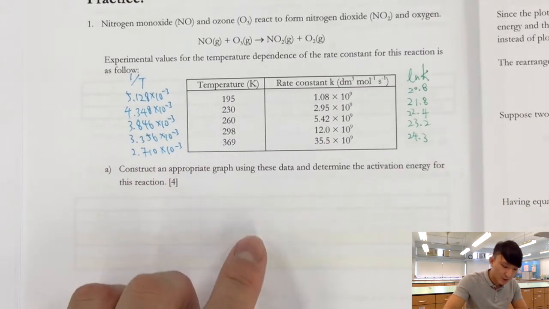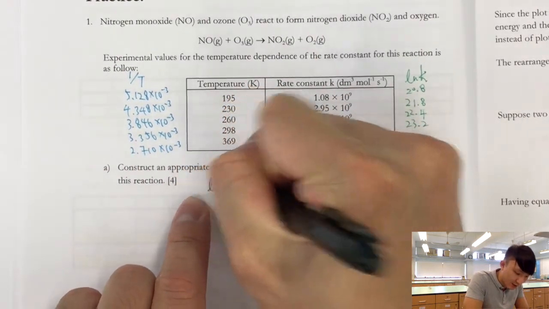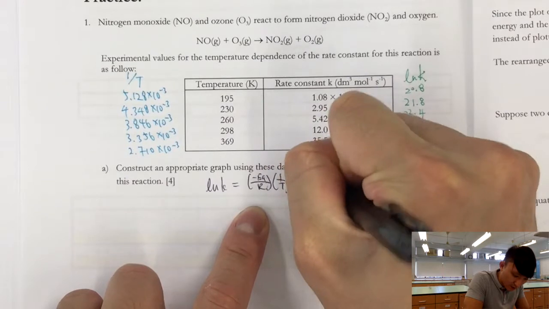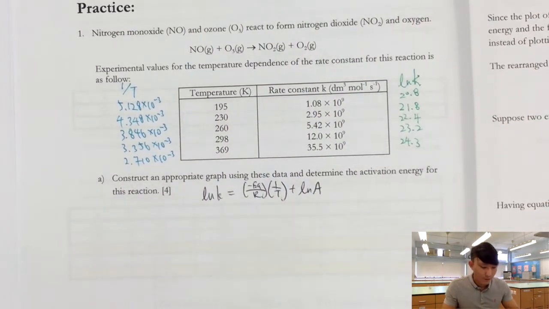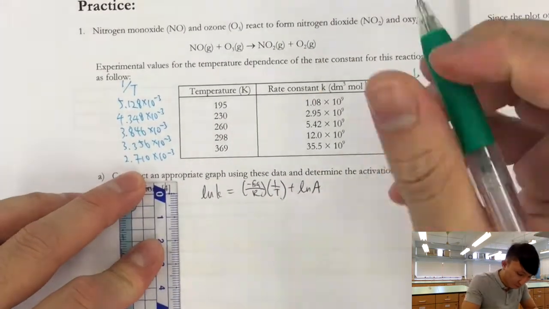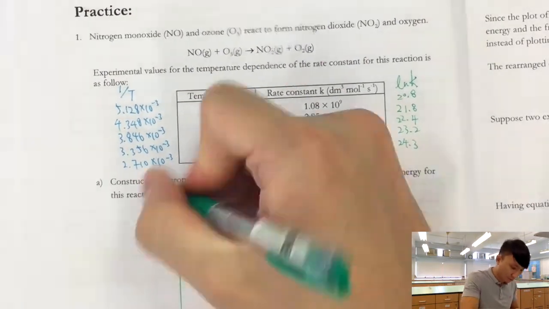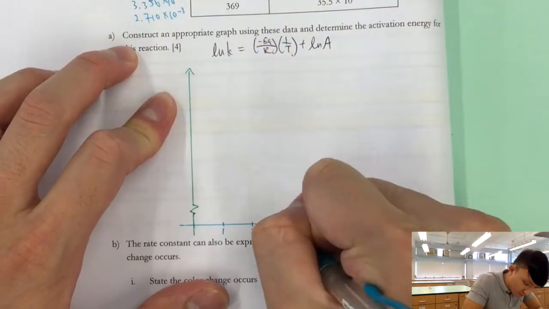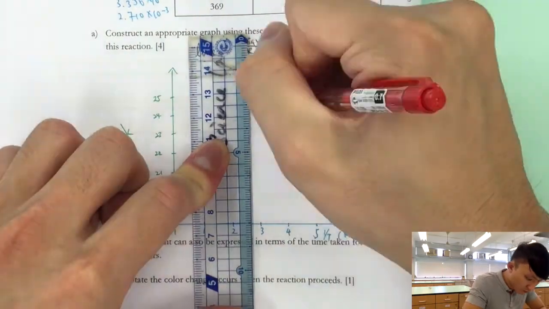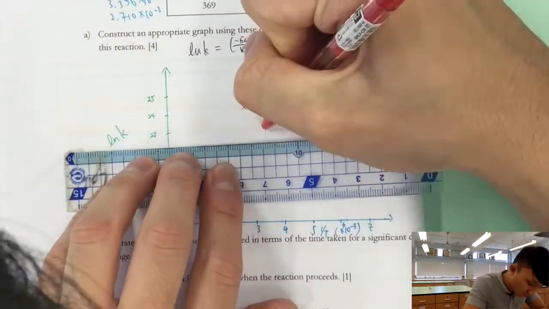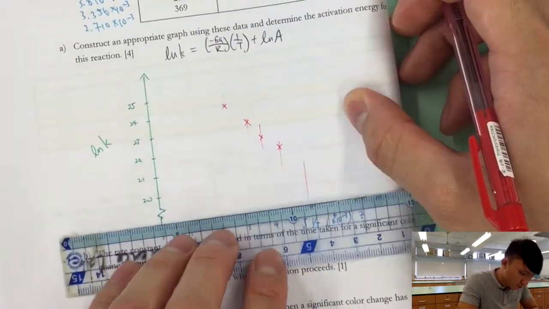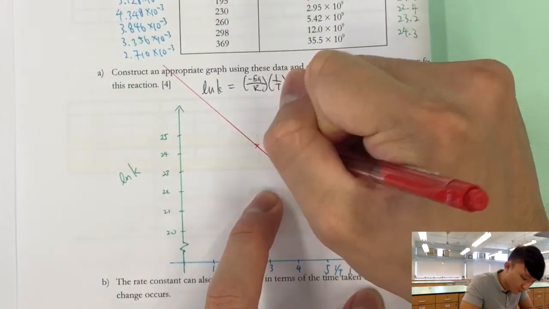Of course, make sure you know the equation natural log K equals to this one. So we start out with the y-axis.